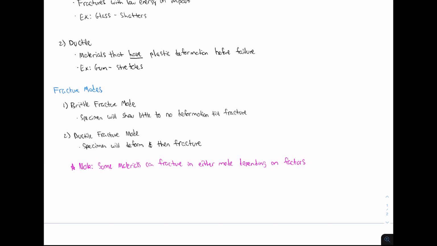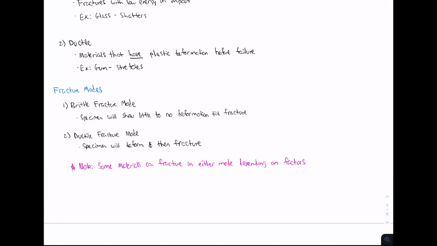Okay, so we already kind of briefly talked about this, but again, we need to be more specific in our idea of brittle and ductile. So we're going to talk about fracture modes, where we can have a brittle fracture mode where the specimen is going to show little to no deformation until it fractures.